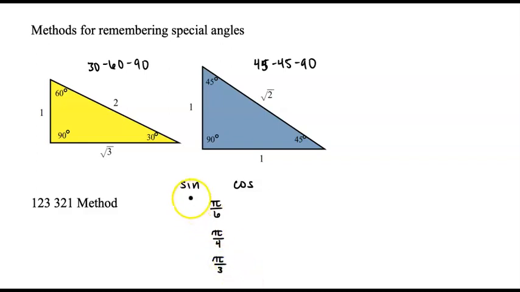And what I'm going to do is I'm going to write 1, 2, 3, 3, 2, 1. And what I'll do with each of these is I will put them over 2 and take the square root of the numerator.